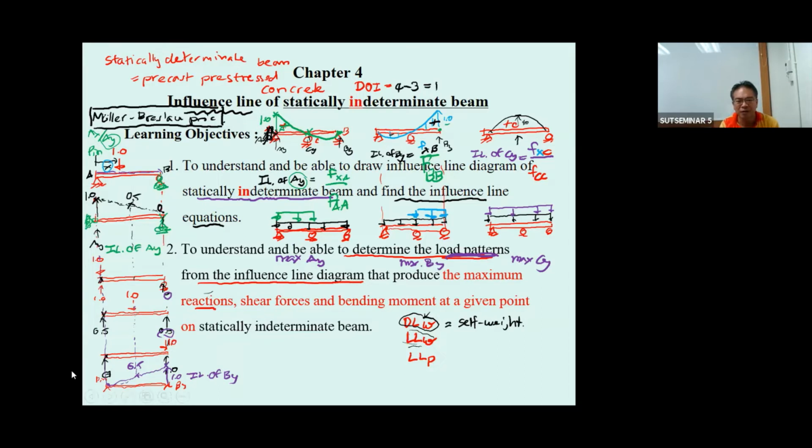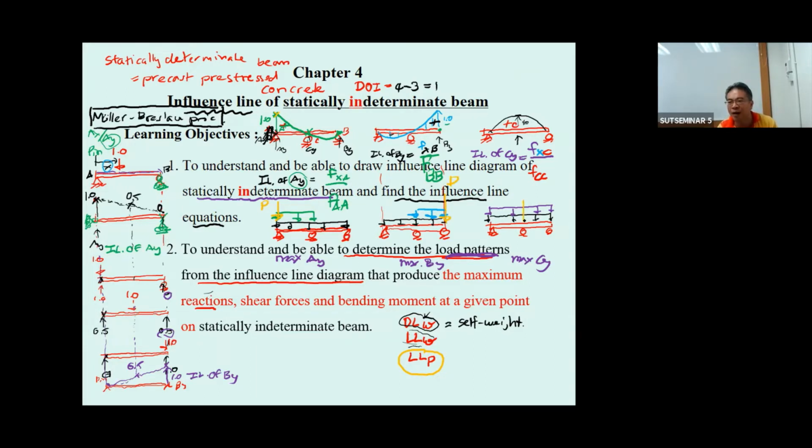And then if you have the live load that is going to be a concentrated load or point load, in this way you've got to determine the maximum coordinate of the influence line. For this one, the maximum is here, so the P in this way is supposed to be here. And for this one, the P must be here.